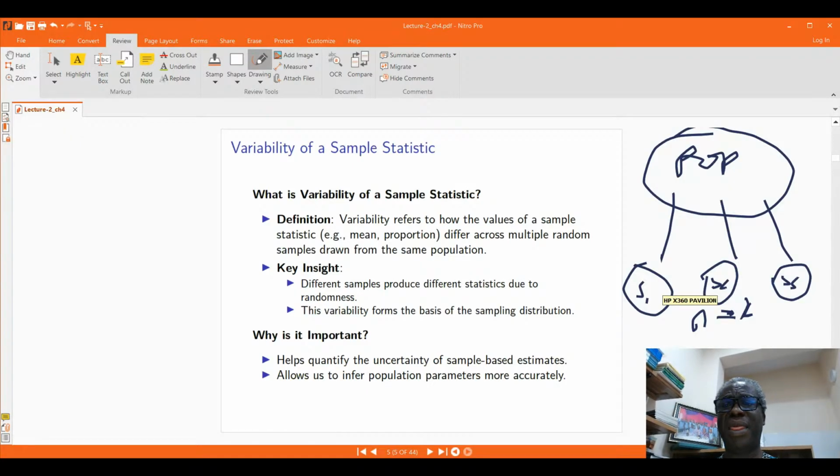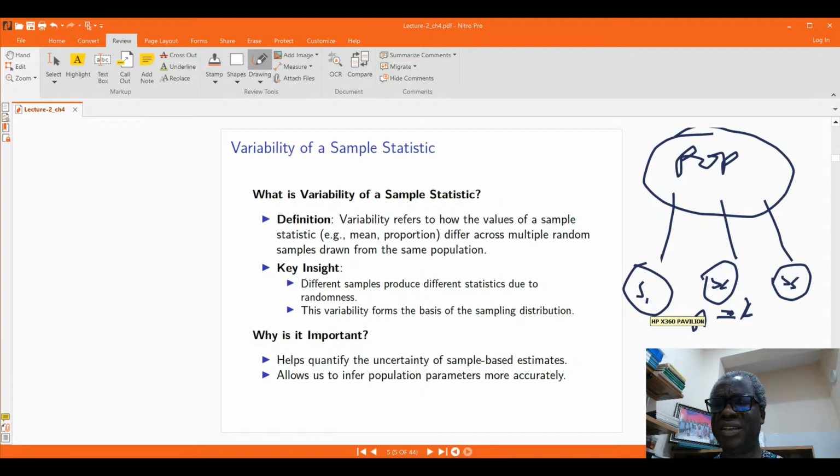So variability refers to how the values that we obtain from the sample, which is the sample statistic, vary. How does it differ from one sample to another?